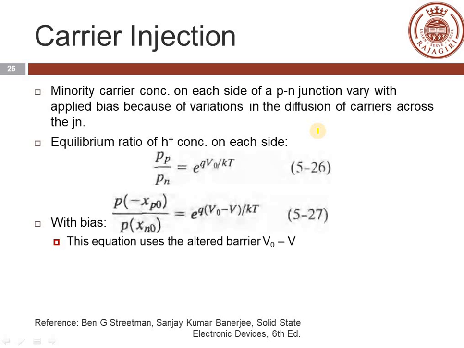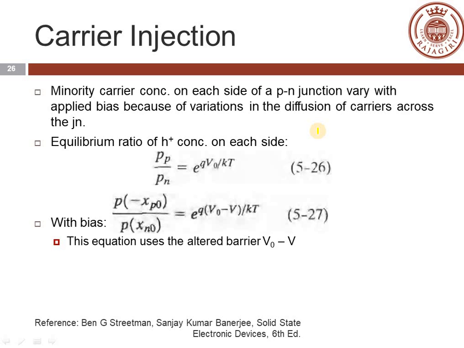So instead of Pp, we can write P of minus xp0 because it's towards the P region. And instead of Pn, we can write just P of xn0. And instead of V0, we will write V0 minus V. So P of minus xp0 by P of xn0 is equal to e to the power Q into V0 minus V by Kt, where V0 minus V is called the altered value.